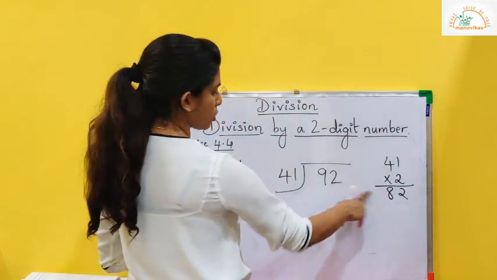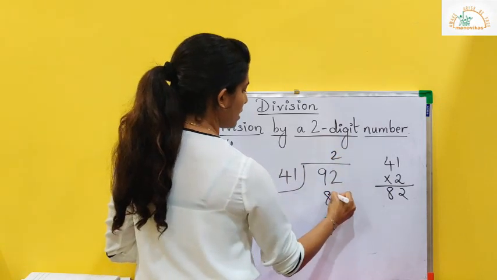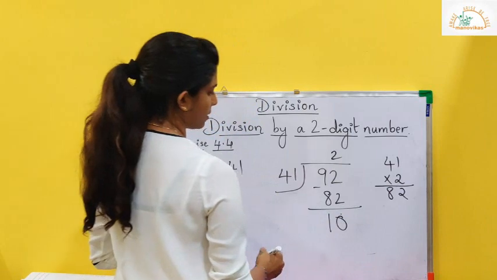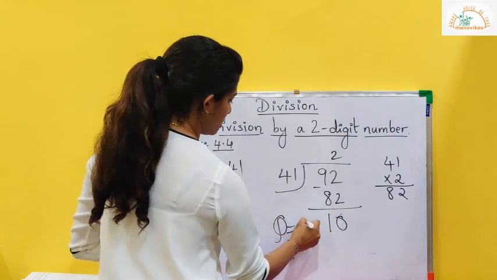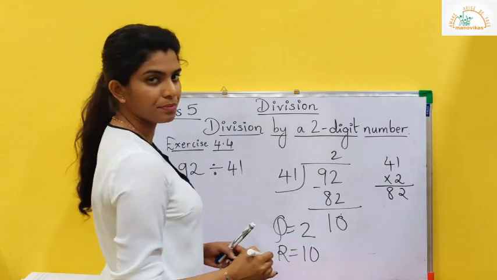So we are getting something closer to 92. So 41 2s are 82 and I get 10 here. So the quotient here is 2 and the remainder is 10.